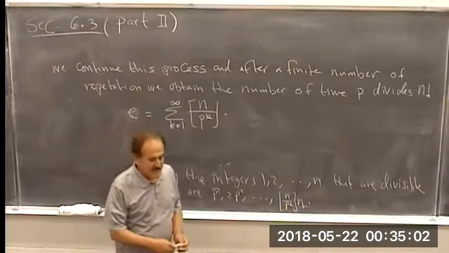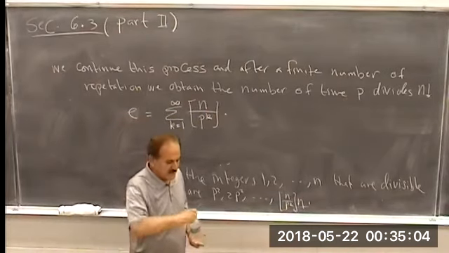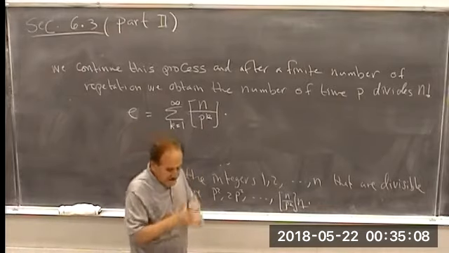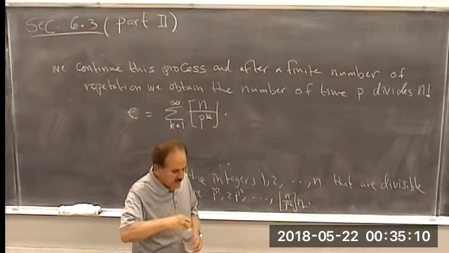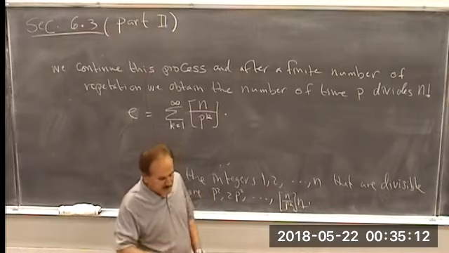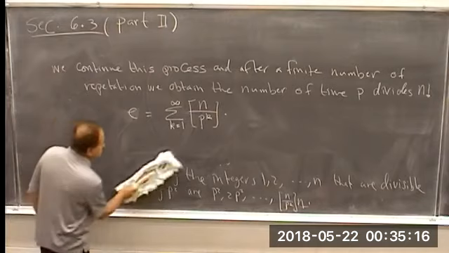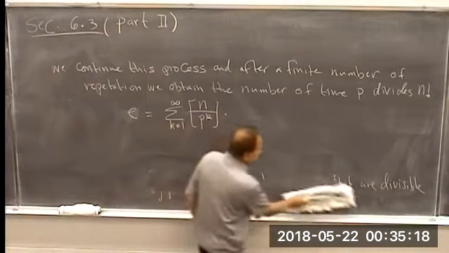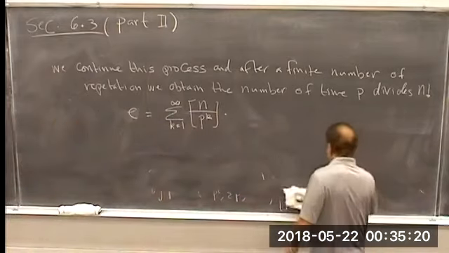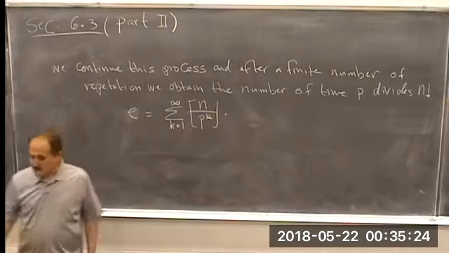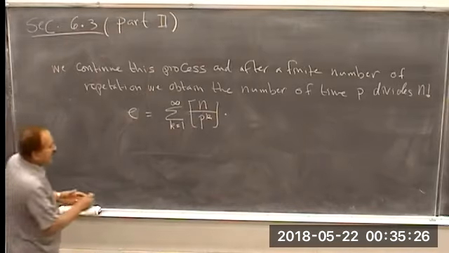Let's look at an example just using this formula. Let's find the highest power of 3 in 1000 factorial, for example. So it's very hard to do this one by counting, okay?